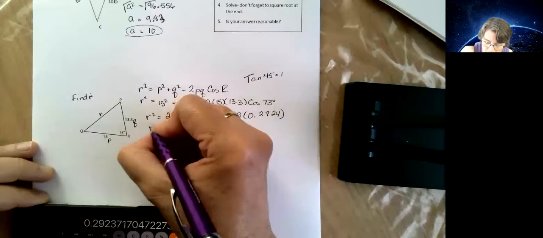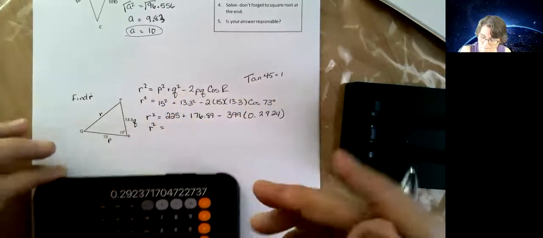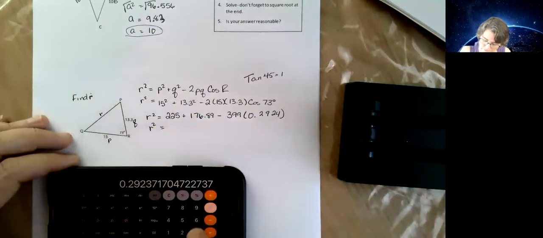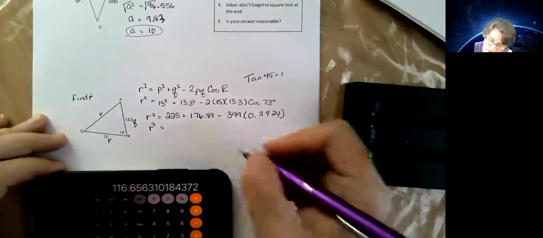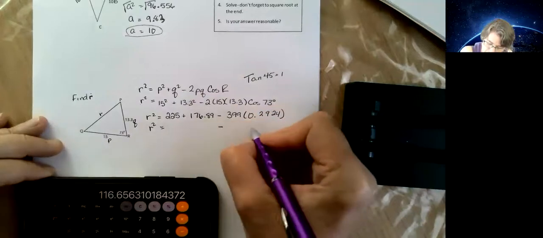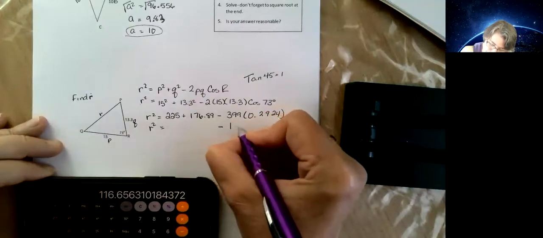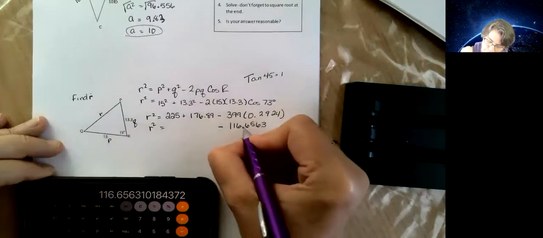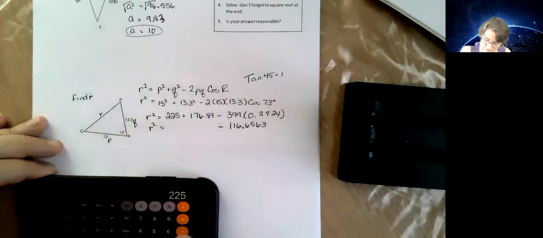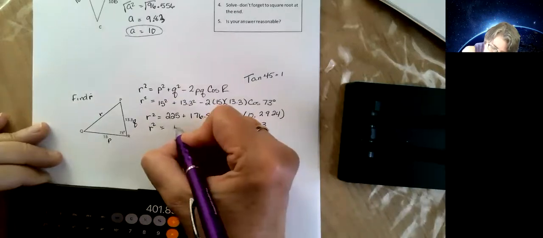All right, r squared. I'm going to multiply that by 399 first. And I have to retype it in my calculator. So 401.89.